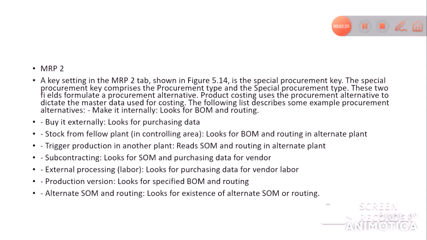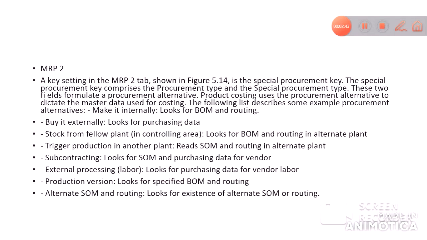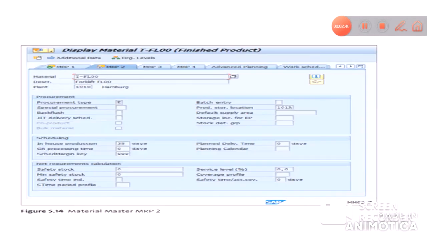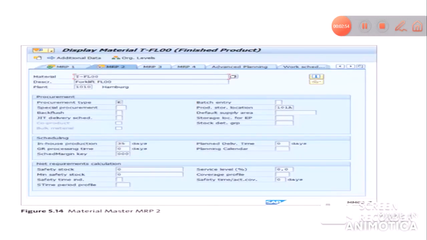Okay, so MRP2. A key setting in the MRP2 tab is the special procurement key.